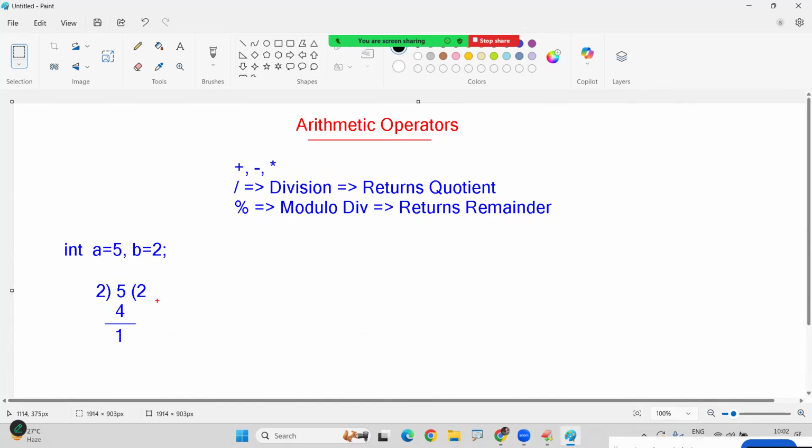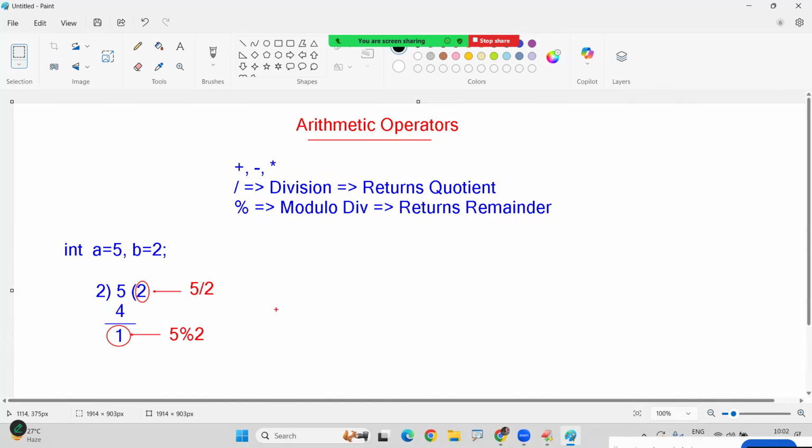Quotient means what? When we use 5 divided by 2, it gives the quotient. Quotient is 2. When we use 5 mod 2, it will give the remainder. This is a remainder and this is quotient.